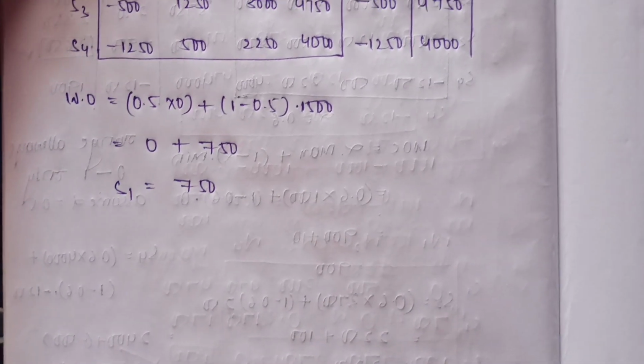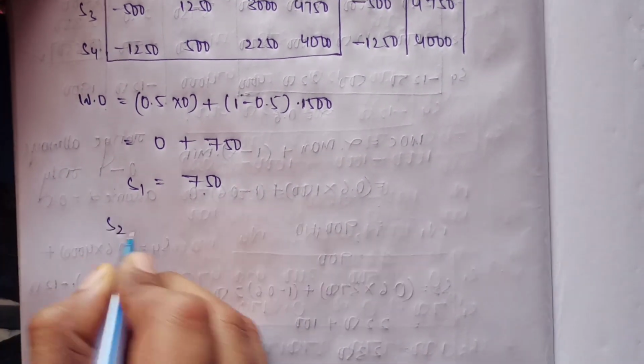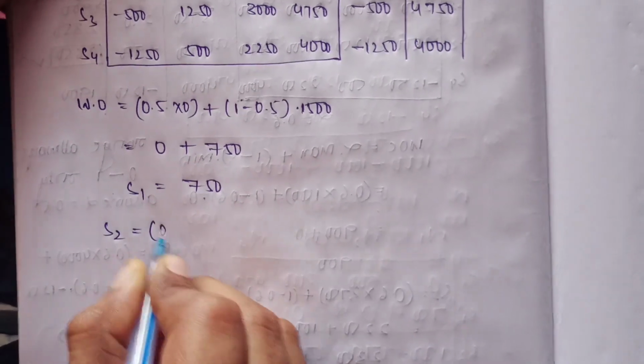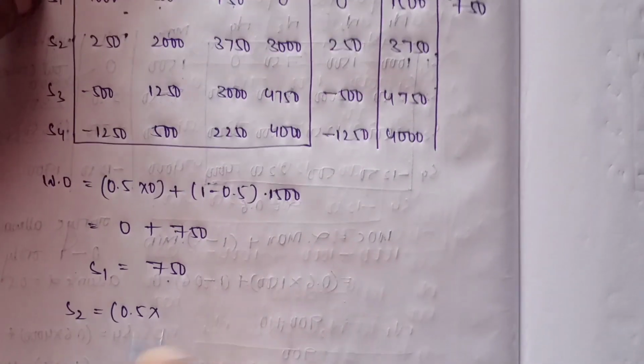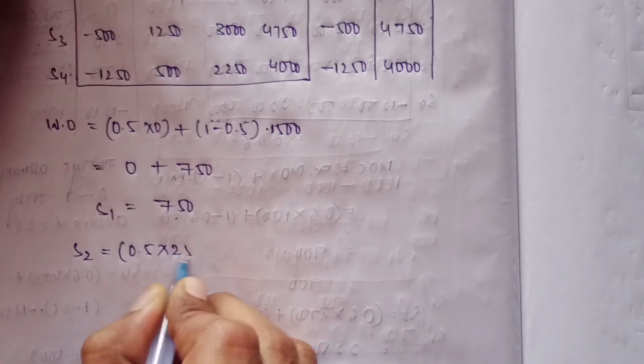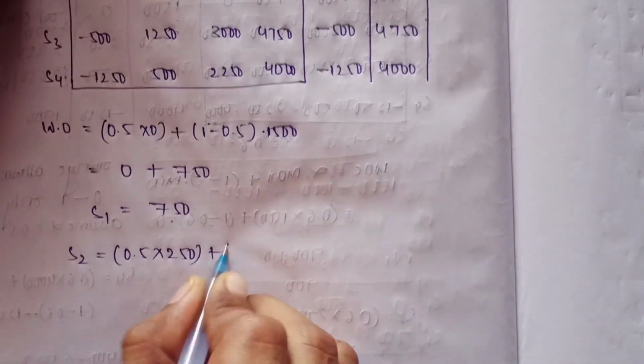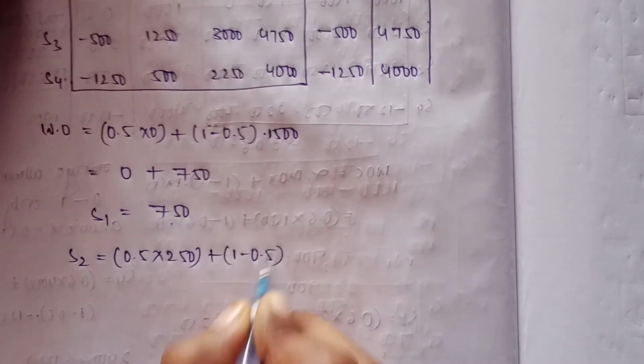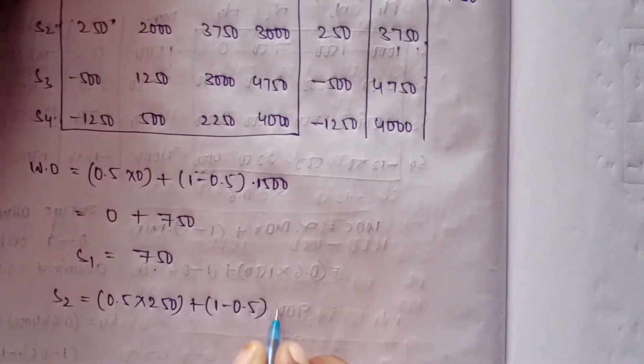And here next is the S2 row. S2 row is equal to 0.5 into minimum value 250 plus 1 minus 0.5 into maximum value 3750.